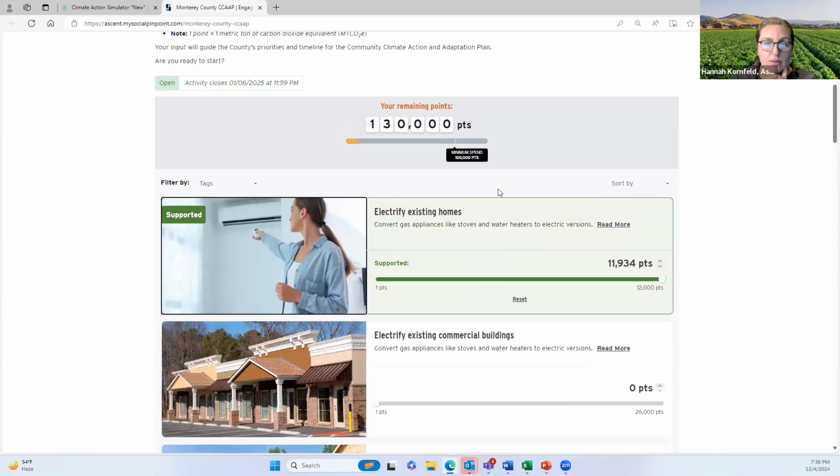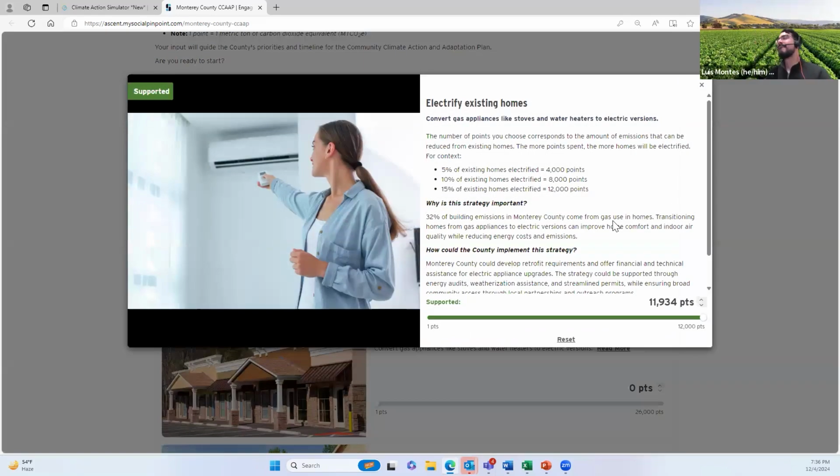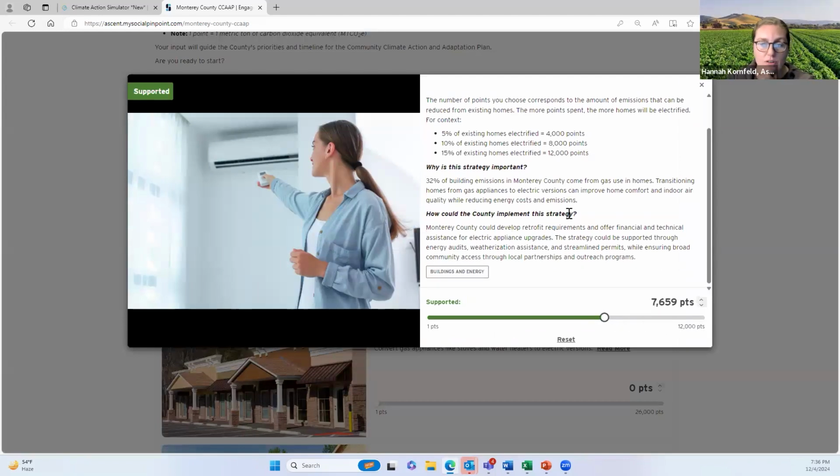I think, Luis, if you're able to click on the read more, read through this, and it provides a little bit more context so that you can understand what different scales of points could mean. This is the first time we're launching this, so we're really excited to see how clear this is. We're welcoming any kind of feedback.